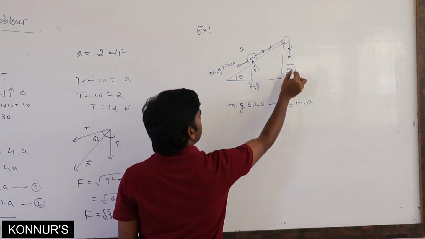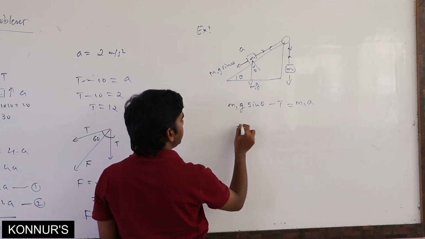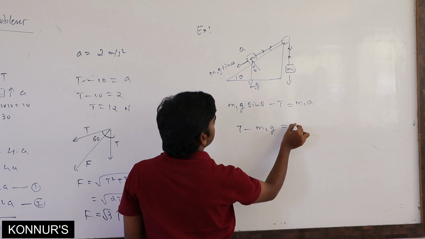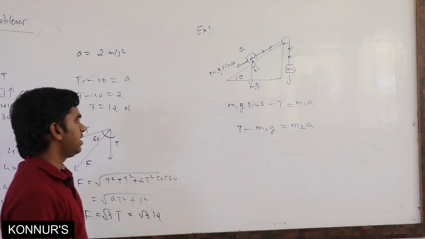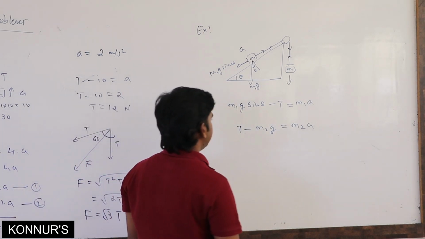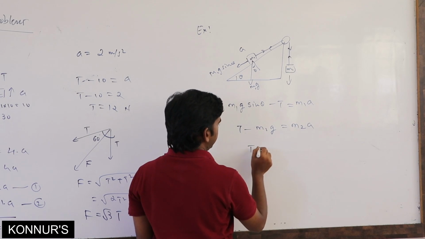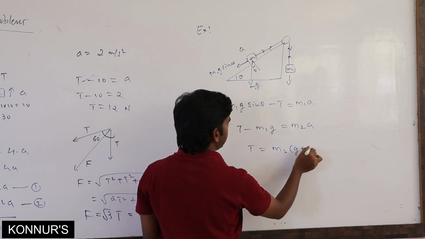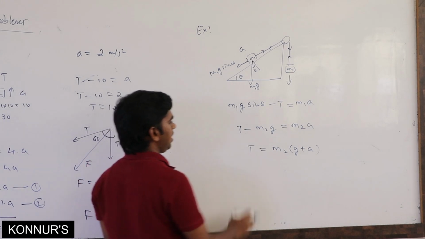Similarly here, downward force is m2 g, upward force is T minus m2 g equals m2 a. So T you can get as m2 (g plus a).